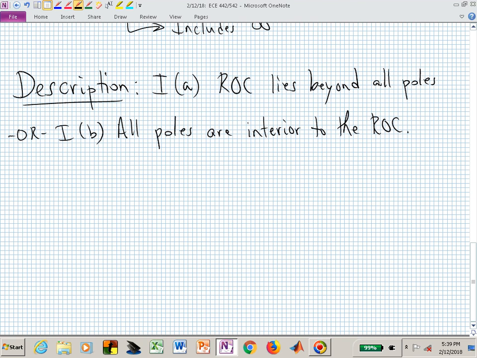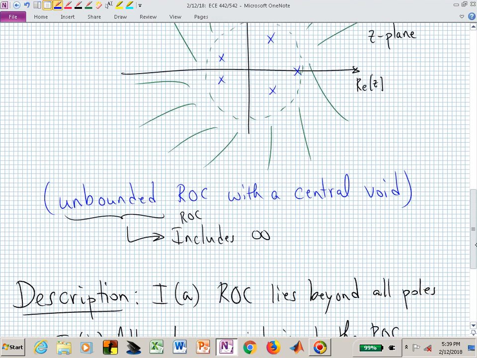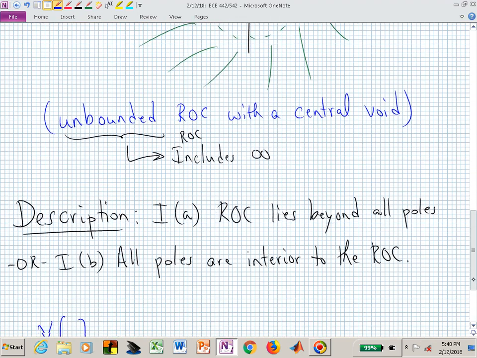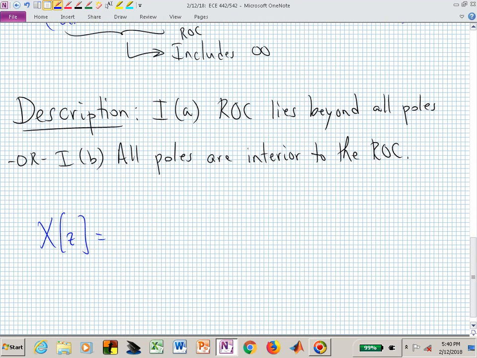Now, what we would like to do is try to determine, based on this pattern, what our time domain sequence of numbers looks like. Any value of z in the region of convergence keeps capital X of z bounded, that is, X of z converges for any point z belonging to that region of convergence.